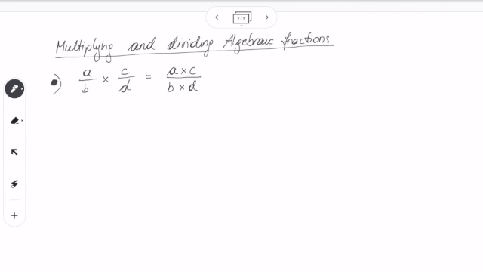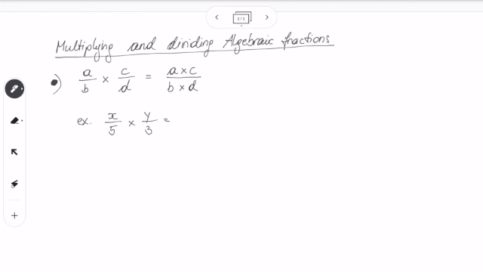Let's look at an example. Let's say we have x over 5 times y over 3.